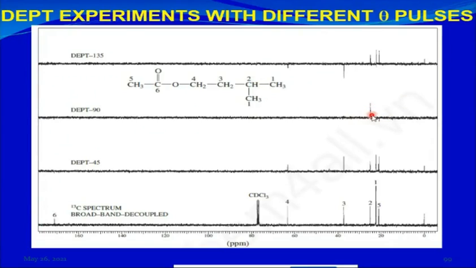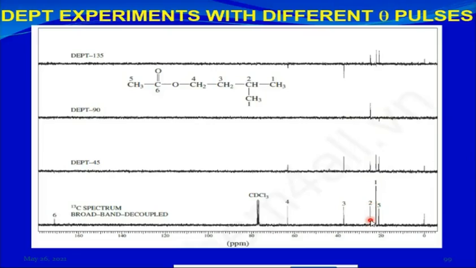And this signal, if you go down, it is right above this one. And you have to compare this signal with the broadband, actually. So if you stack these spectra one above each other, and you go down here, you see that it is right above this one.